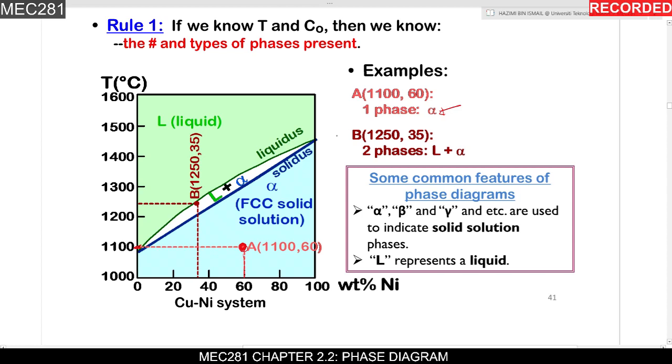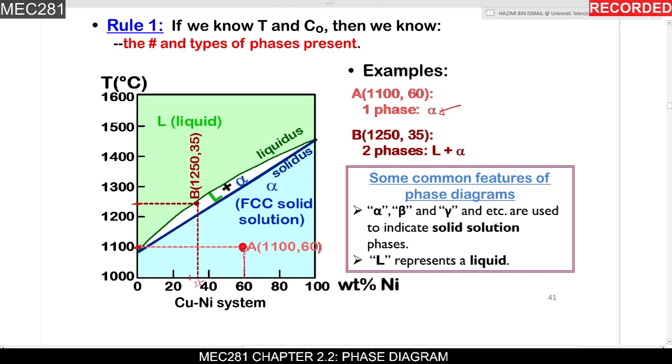The second example is point B, where the temperature is 1250, around this one, and the composition is 35%. Around this one is 30, and this is around 35.